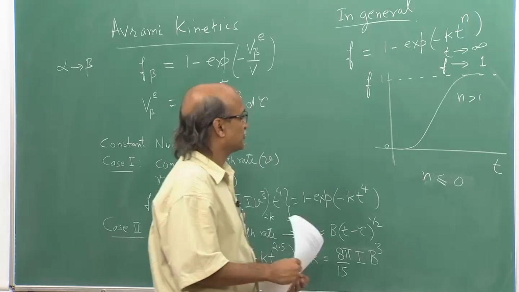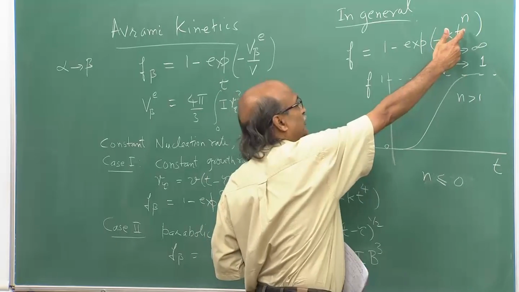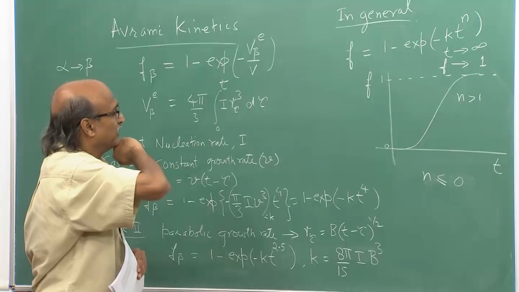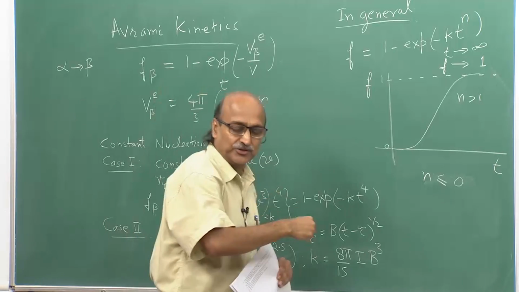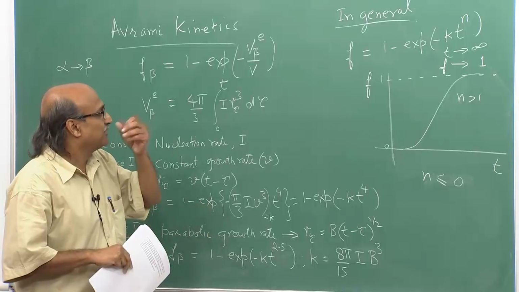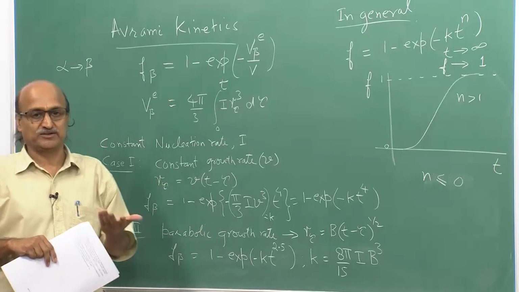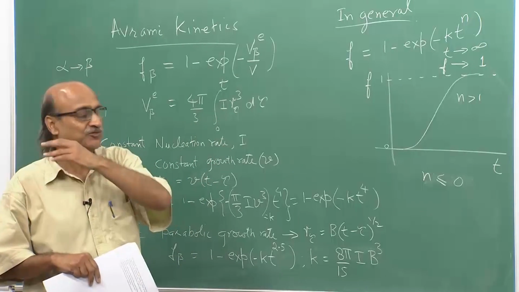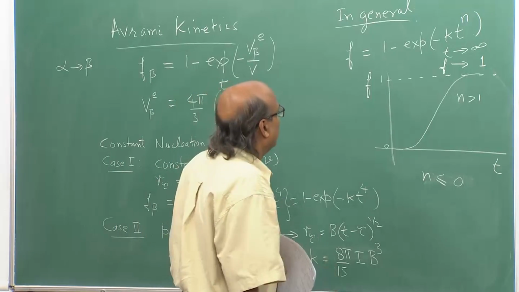So, that is kind of absurd. So, you can't have the Avrami parameter n to be 0, or in fact if n becomes less than 0, then this function would have a decreasing value that again will not make any sense, that without any transformation the fraction transformed is reducing.